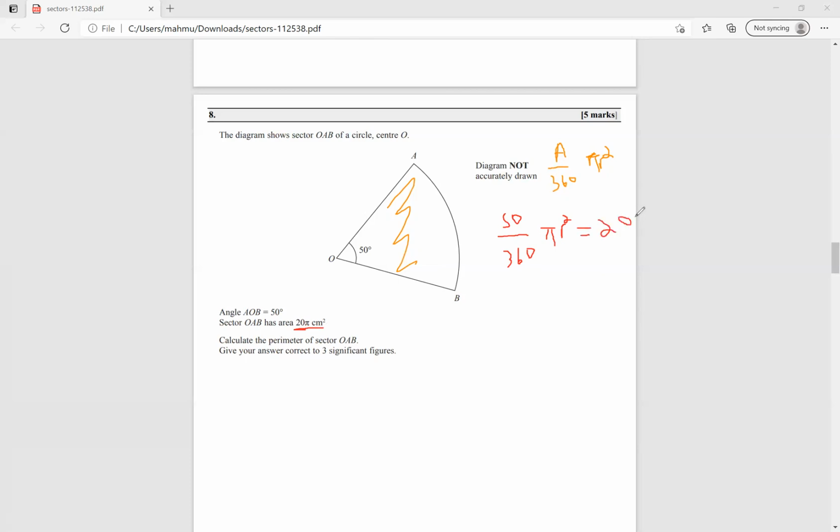So now I rearrange the whole thing. The first thing I will do is take this to the other side. So I'm left with 50 pi r squared on this side. R squared equals 20 pi times 360.